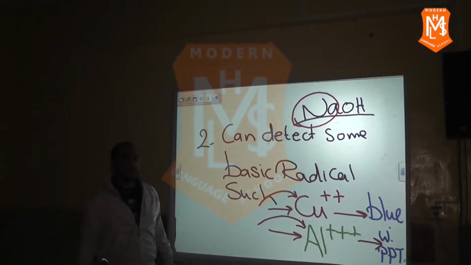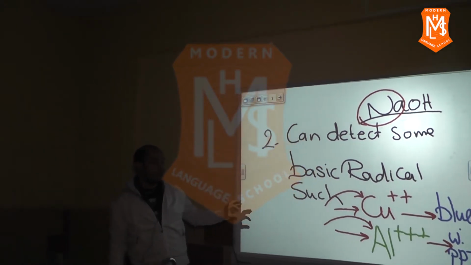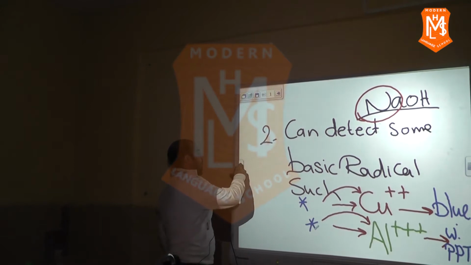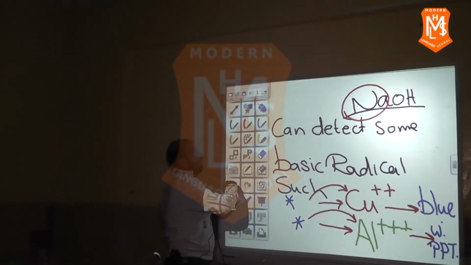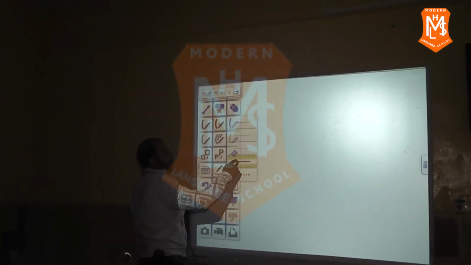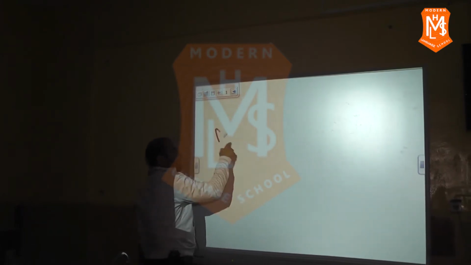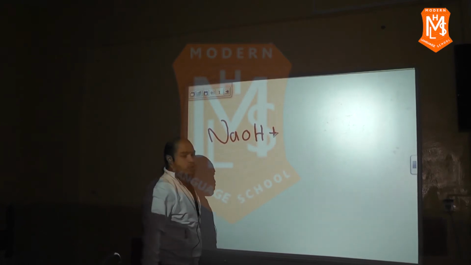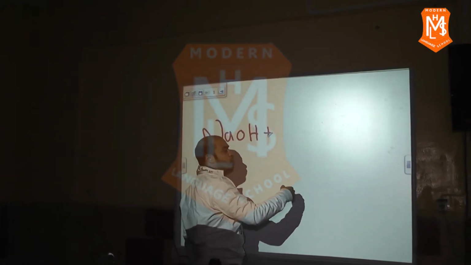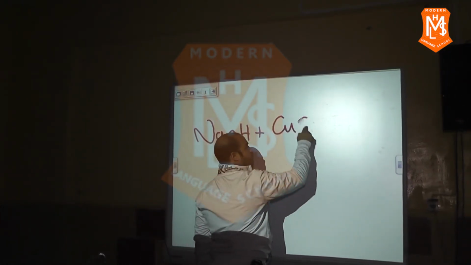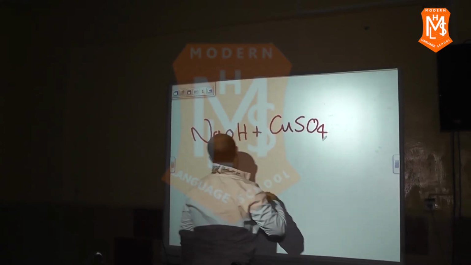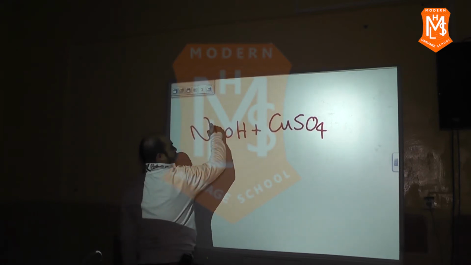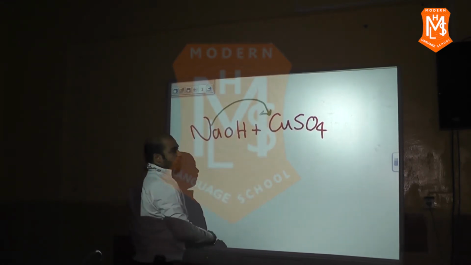To show these properties, now we will talk about each salt as follows. Number one, on adding sodium hydroxide to a salt solution of copper, for example copper sulfate, as we said before, sodium is a strong base which can replace another cation.